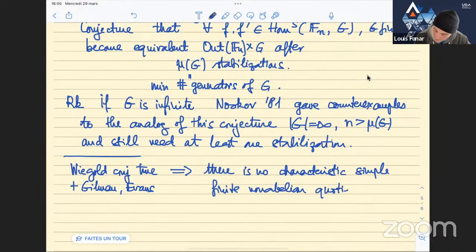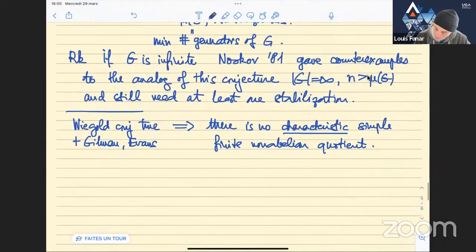What does characteristic quotient of the free group Fn mean?